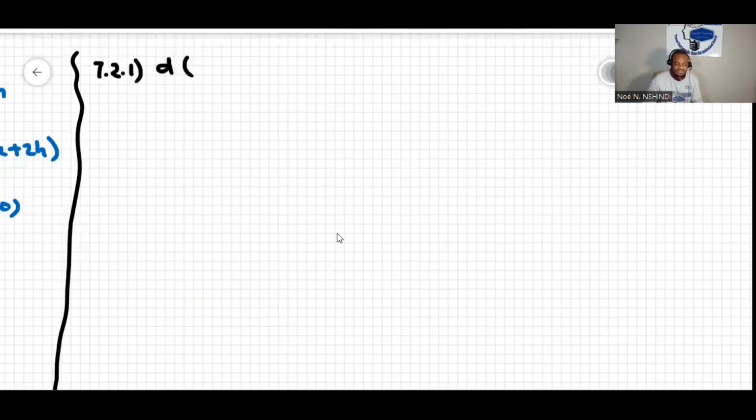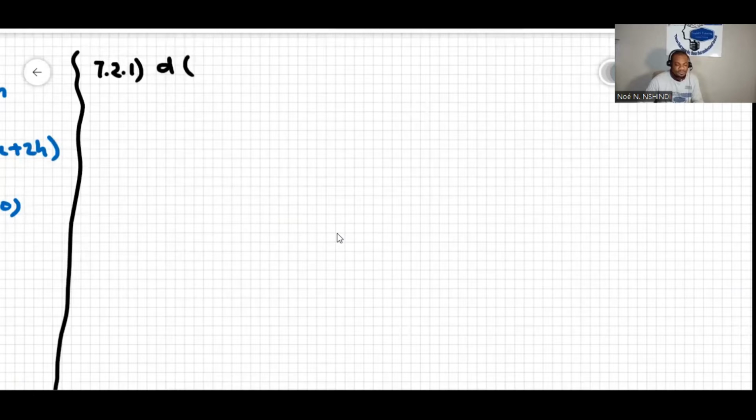So it's the derivative of the fifth root of x squared plus x to the power of 3, with respect to x. Now, to solve this type of differentiation, we need to do a few things.